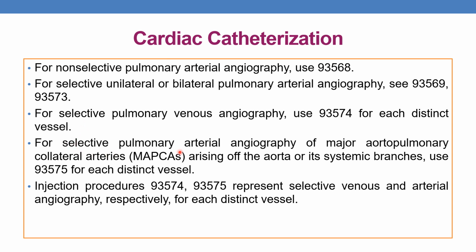For selective pulmonary arterial angiography of major aortopulmonary collateral arteries arising off the aorta or its systemic branches, use the code 93575 for each distinct vessel. And the injection procedures 93574 and 575 represent selective venous and arterial angiography respectively for each distinct vessel.